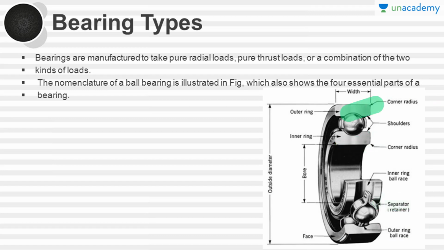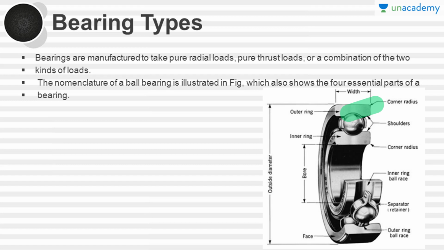By separating the balls, it decreases the friction between adjacent balls in that bearing. So this separator is very useful for eliminating the friction between the balls, and it is used in most applications to reduce the friction between the balls of the ball bearing.